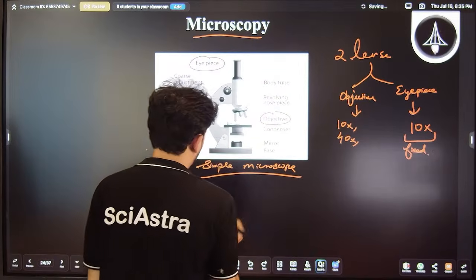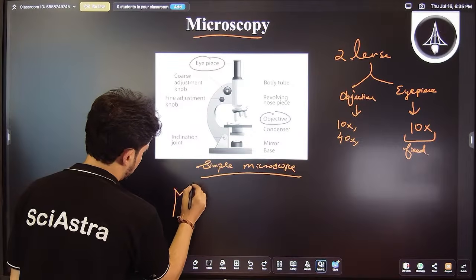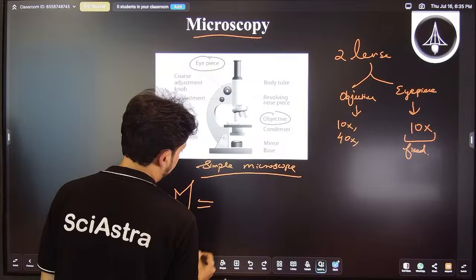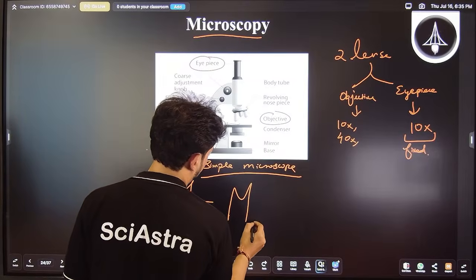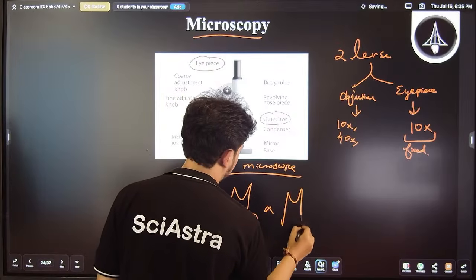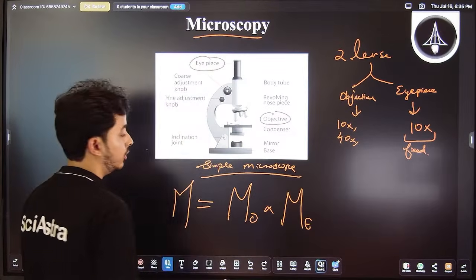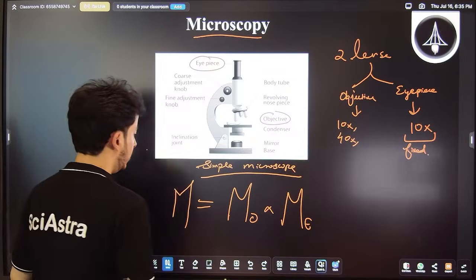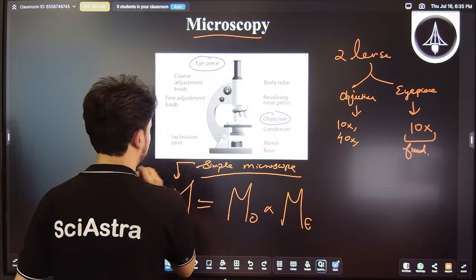Now the overall magnification of the microscope, that you can denote with capital M, you can write as the product of the magnification by the objective lens and the eyepiece. So that is how you can write the magnification of the simple microscope.